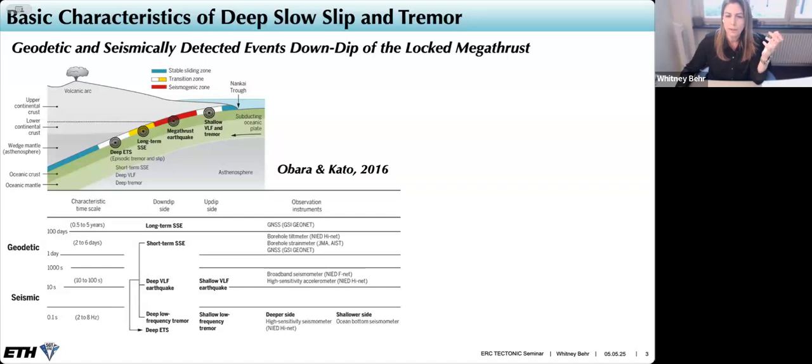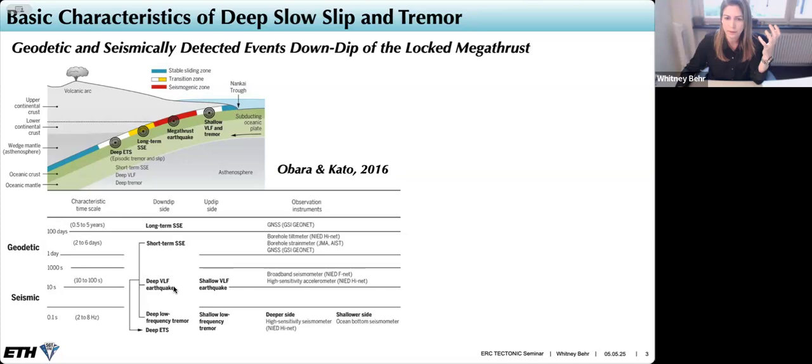But rather than accumulating that slip over seconds to minutes, like typical earthquakes, slow slip occurs over days to months, sometimes even years.